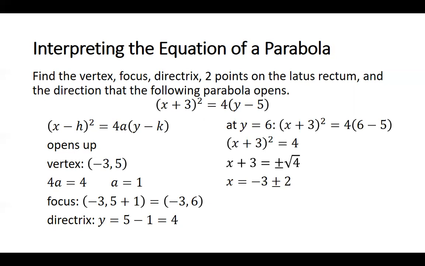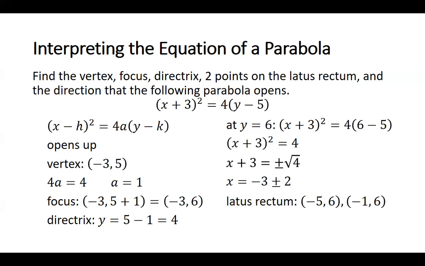So we subtract 3 from both sides, and we get x is equal to -3 plus or minus 2. -3 plus 2 is -1, and -3 minus 2 is -5. And y is still equal to 6, which is what we set it to. So the 2 points on the latus rectum are at -5, 6 and -1, 6.